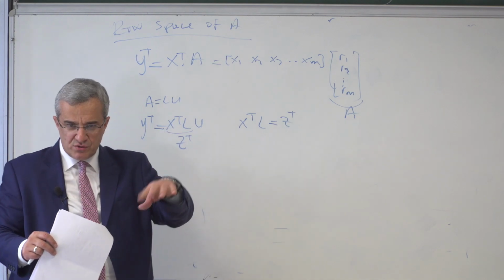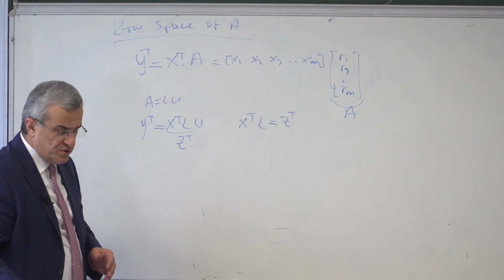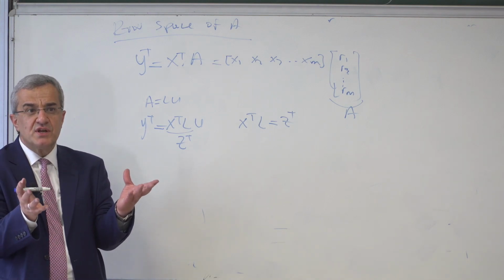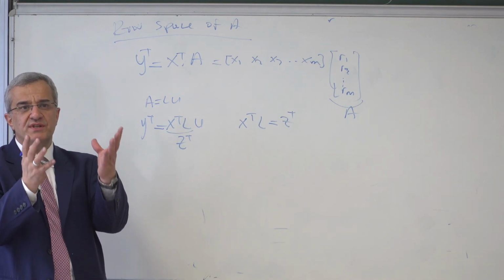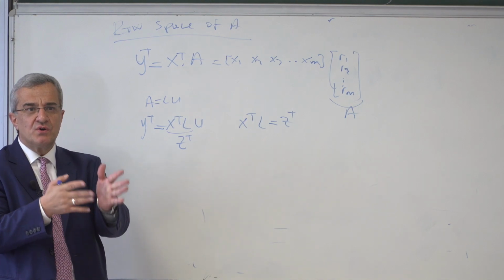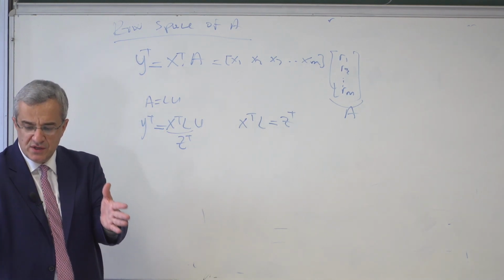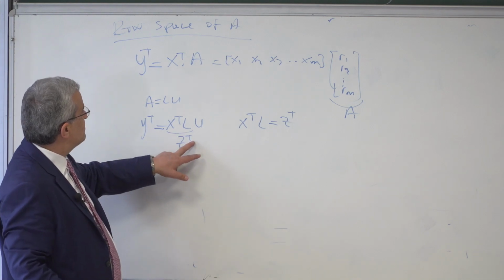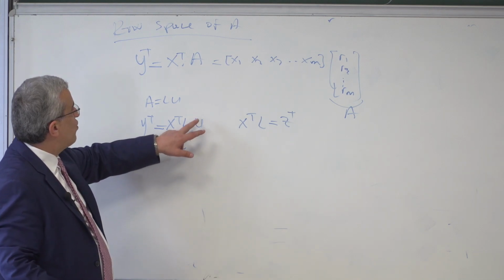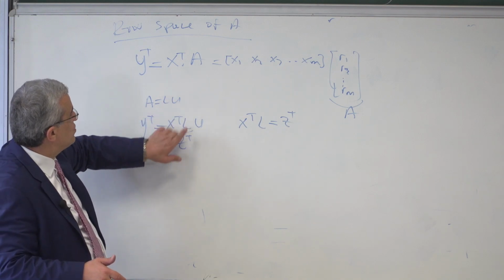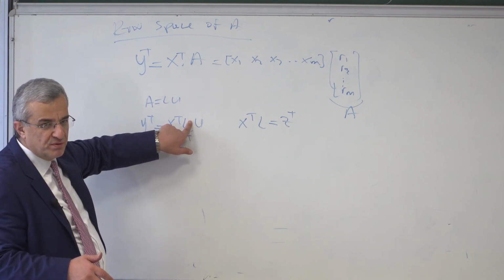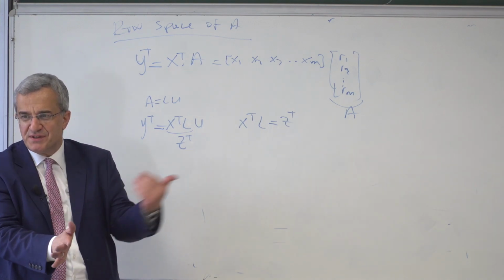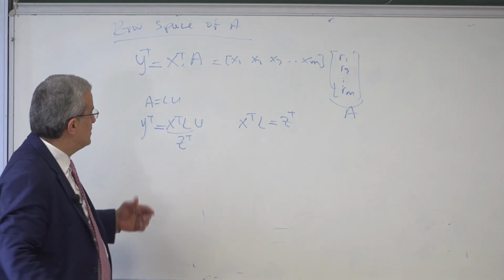So therefore, what is the row space of A? It is all possible linear combinations of rows of A, right? So what this is telling me is that if you take all possible linear combinations of rows of U, you will cover the same space. That's what this is telling me, okay?